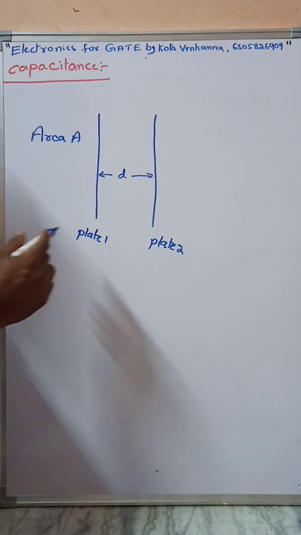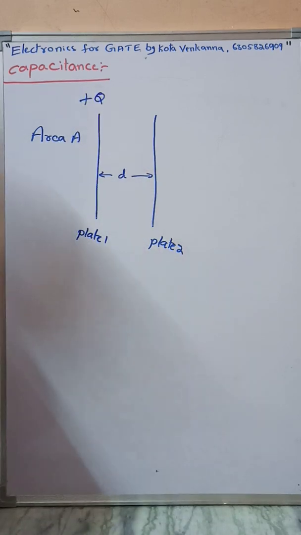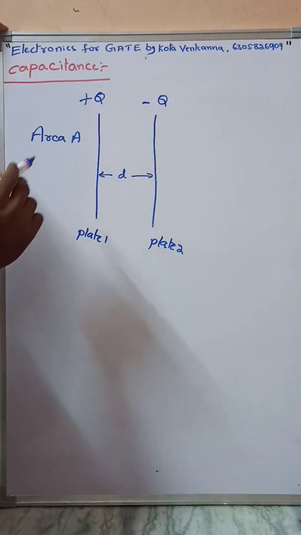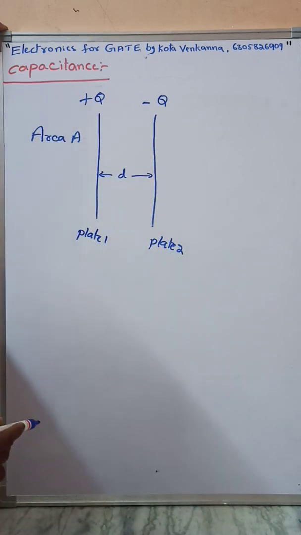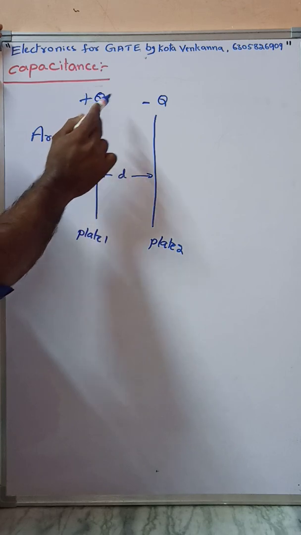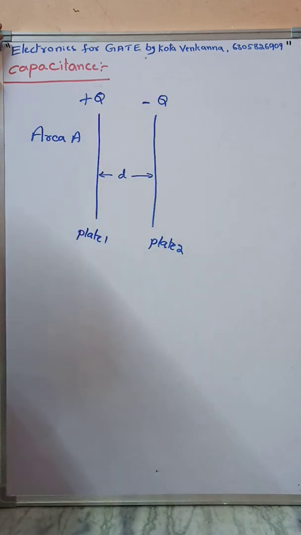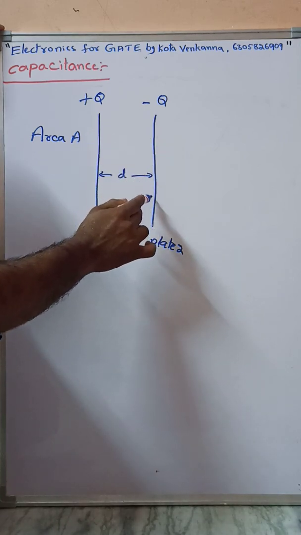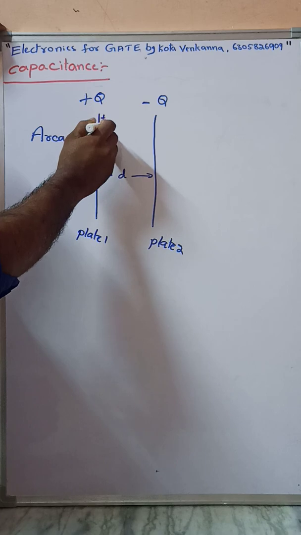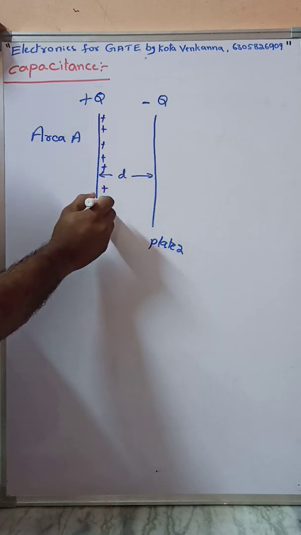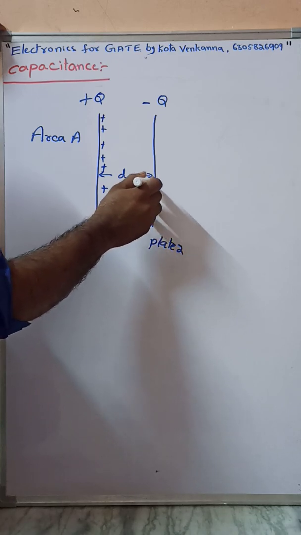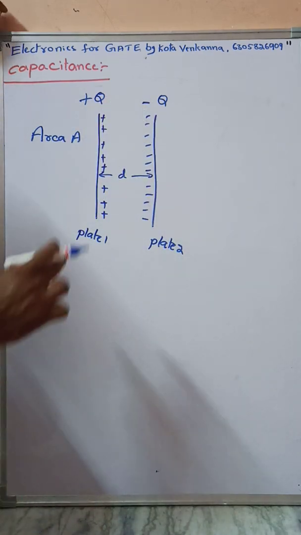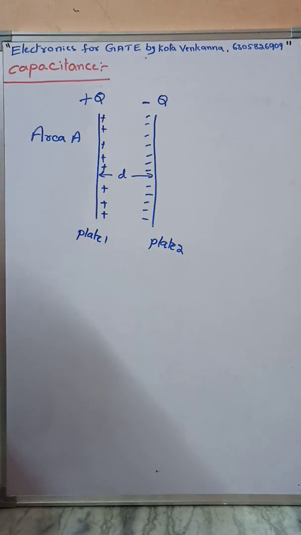Plate 1 is charged as plus Q, and plate 2 is charged as minus Q. The magnitude of charge is the same, but the charges are opposite. Then this acts as a capacitor, or this is known as capacitance.